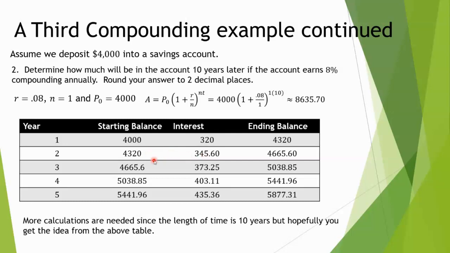And so it's a bigger number. Add that on, it becomes the new balance, recalculate the interest, and you keep on going. This becomes the ending balance, what's in there after year 3. That's the starting balance for year 4, and so on.